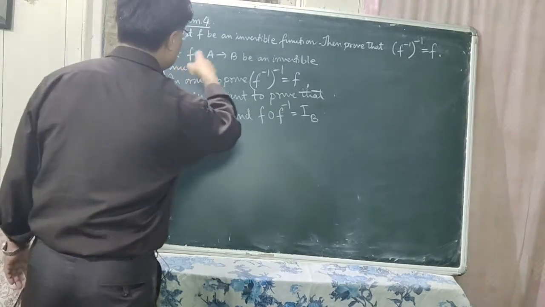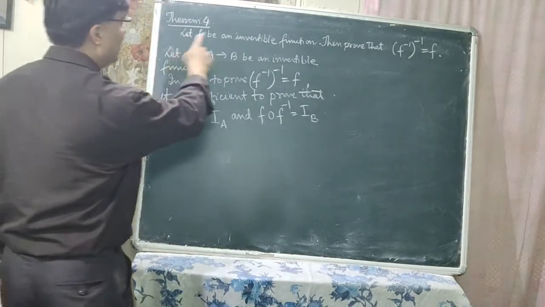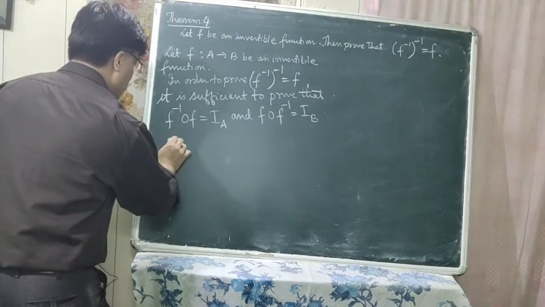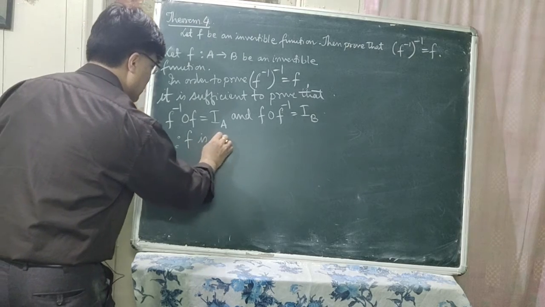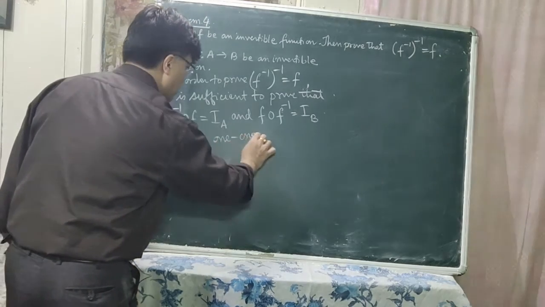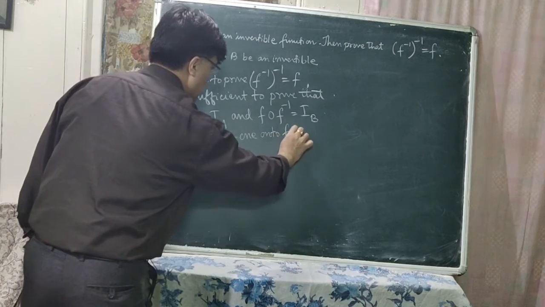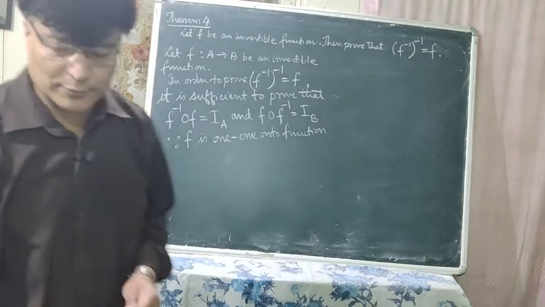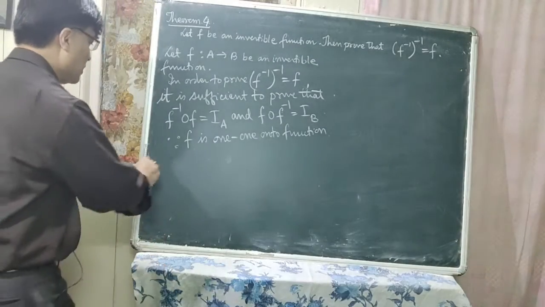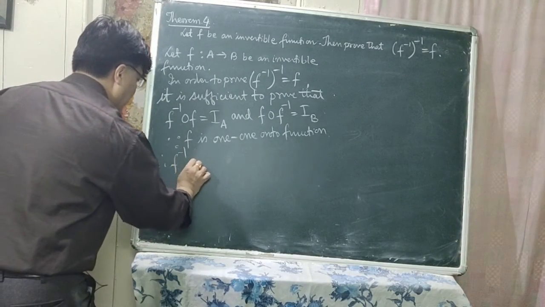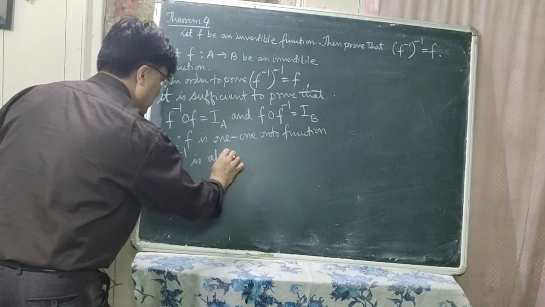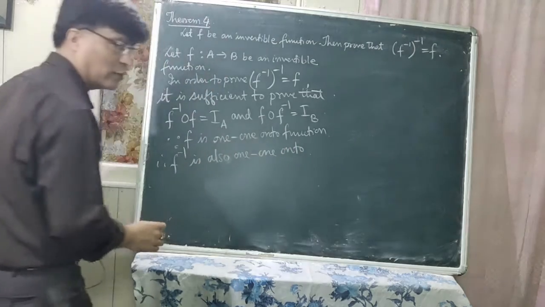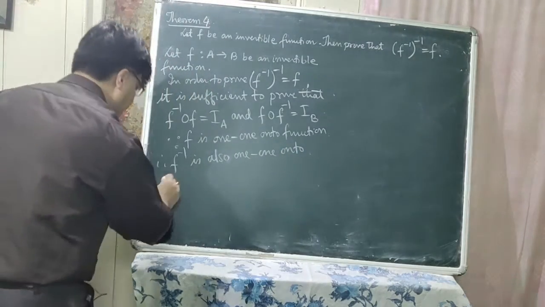Now here, since f is an invertible function, it is one-one onto. Since f is a one-one onto function, its inverse is also a one-one onto function. Obviously its inverse is also one-one onto. Therefore f inverse is also one-one onto, right?